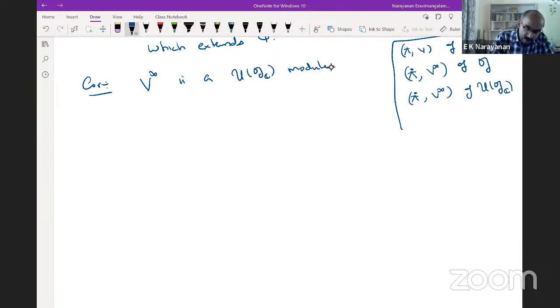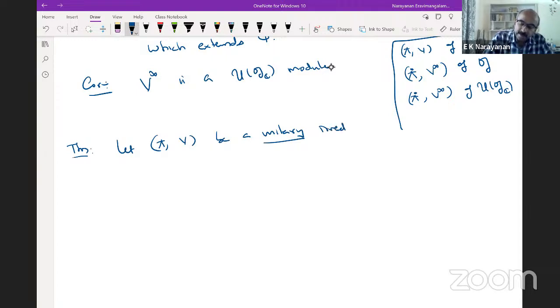Okay, so we'll prove it. Let pi, V be a unitary irreducible representation of G. So G, remember, is SL2R.